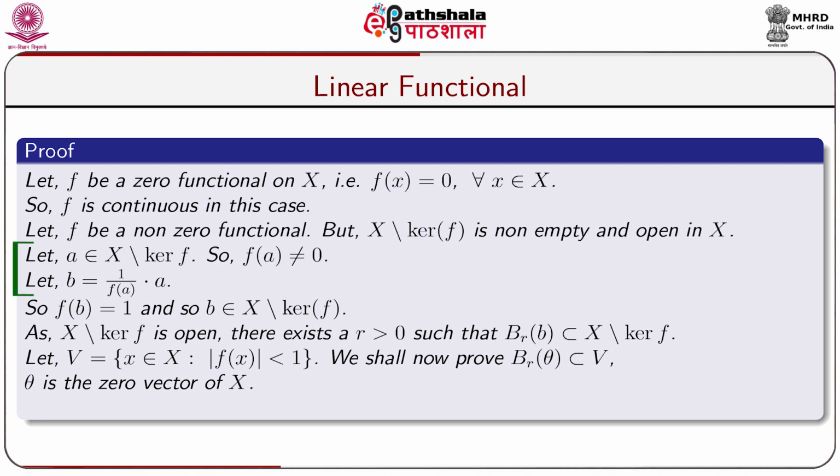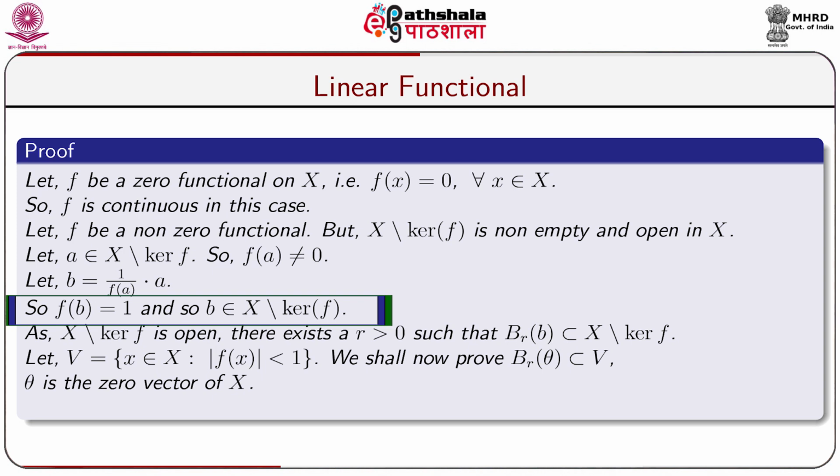Let a belong to X minus kernel f. So, f(a) is not equal to 0. Let us take b equal to 1 by f(a) into a. So, f(b) is equal to 1, and so b belongs to X minus kernel of f.